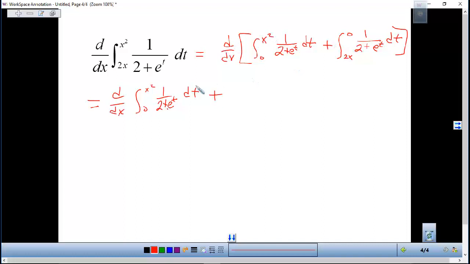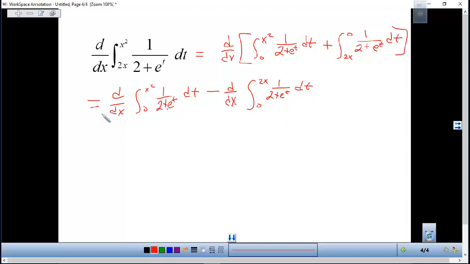We're still taking the derivative of that, but I'm going to go ahead and throw a negative out in front of that. So minus d/dx of the integral from, if I put a negative out front, I can flip my bounds, and I'm going to go from 0 to 2x of 1 over 2 plus e to the t dt.